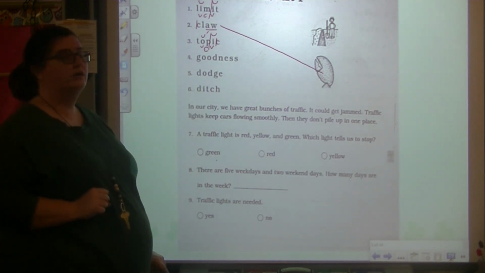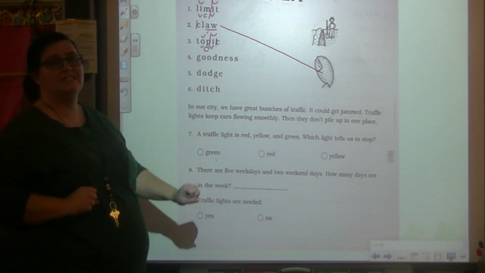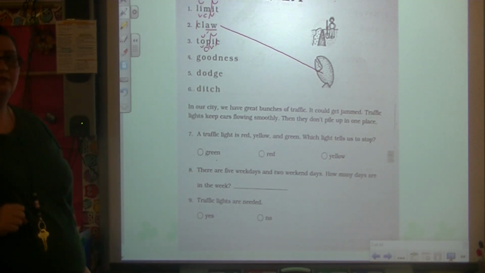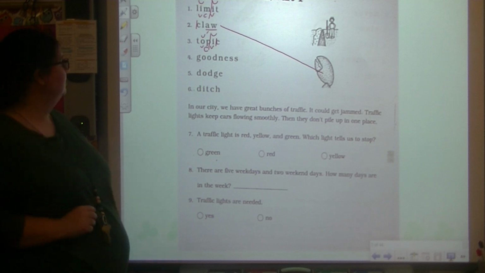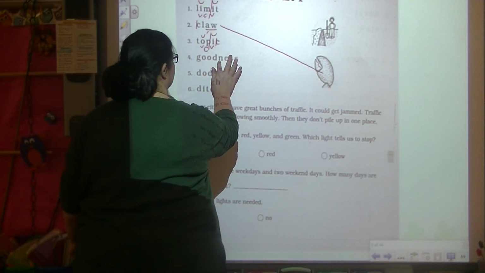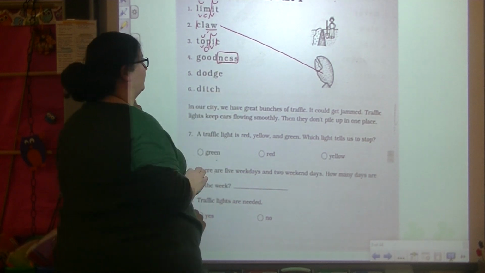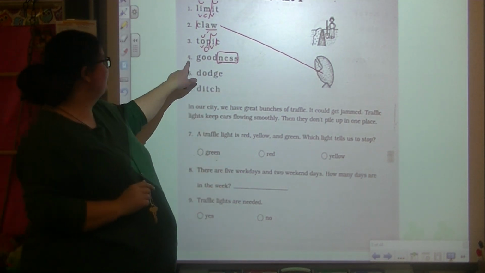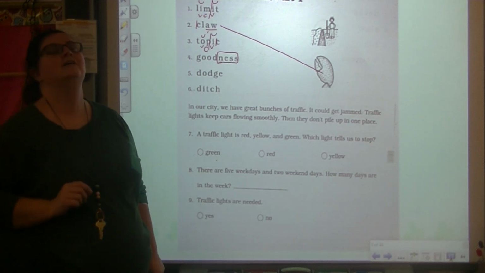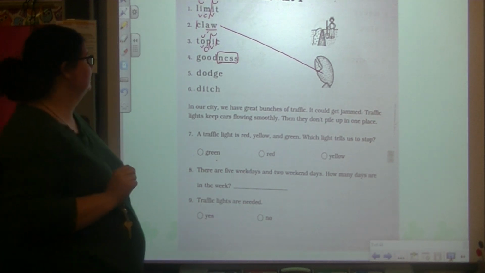Number 4. Goodness. All right, we have nest. Box it and see if we have a root word left. Is good a root word? Yes, it is.